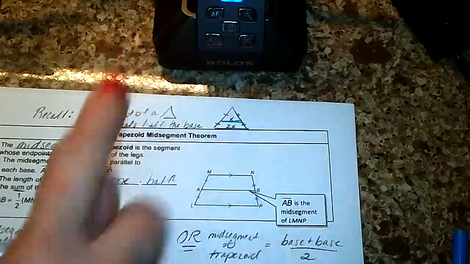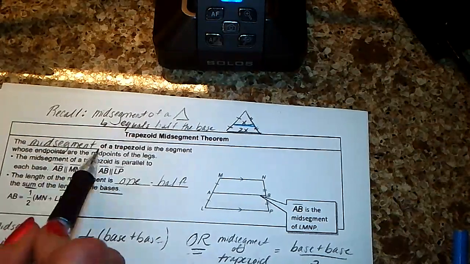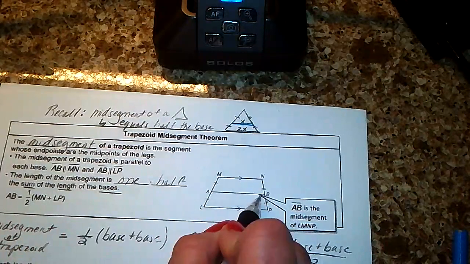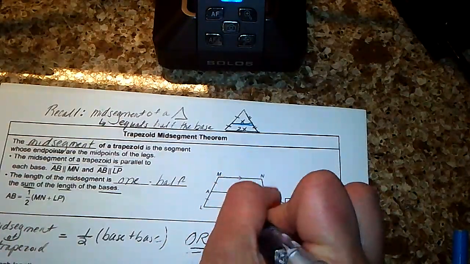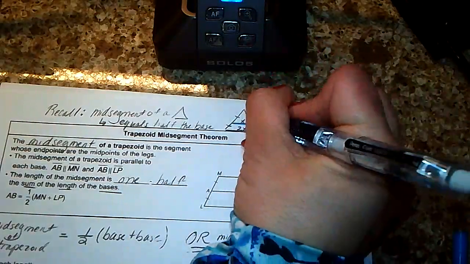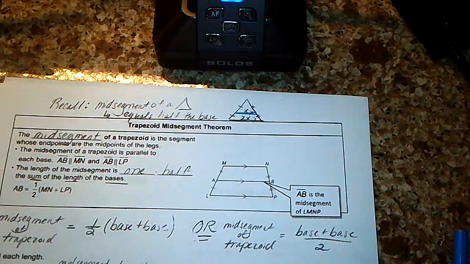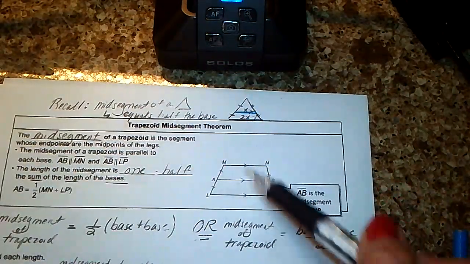So if we recall that, this concept's going to be very similar, except trapezoids now have two bases. So the midsegment of a trapezoid is a segment whose endpoints are the midpoints of the legs. So again, it's connecting midpoints on both sides, and it is also parallel. All of these lengths would be parallel to each other, just like up in this one. Now, trapezoids have two bases, triangles have one. So we can't just take half the base because there are two bases.